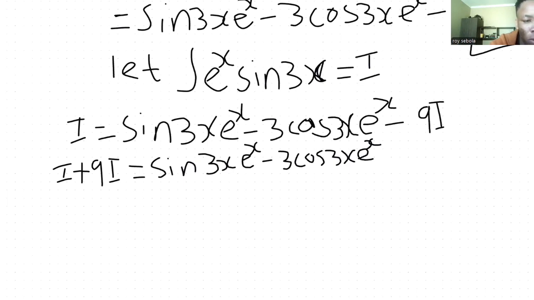is equals to sine 3x e to the x minus 3 cos 3x e to the x.